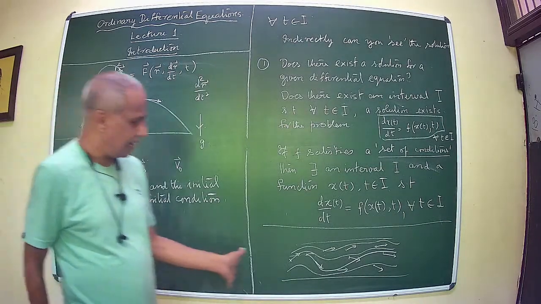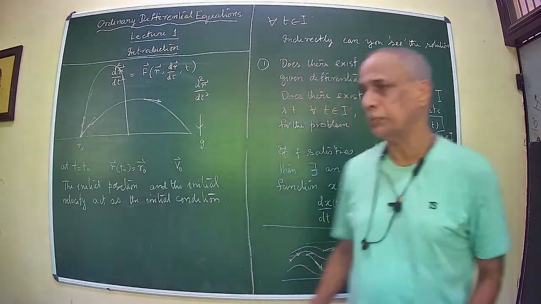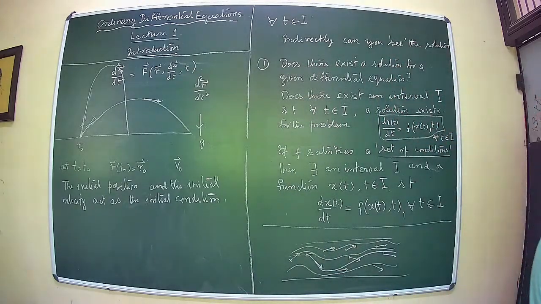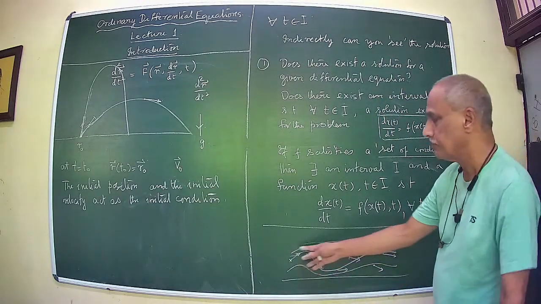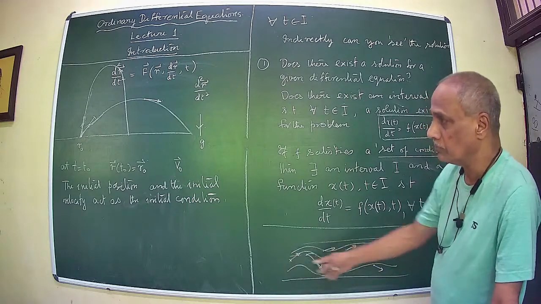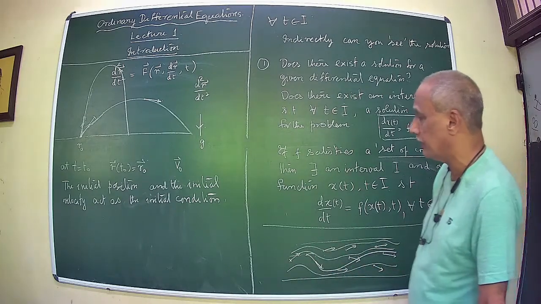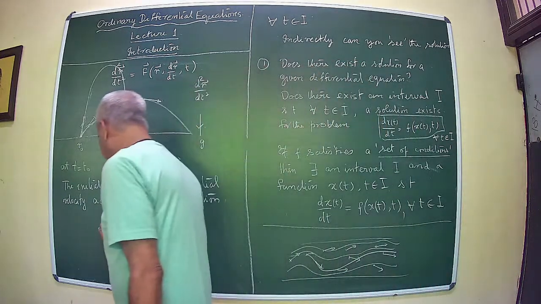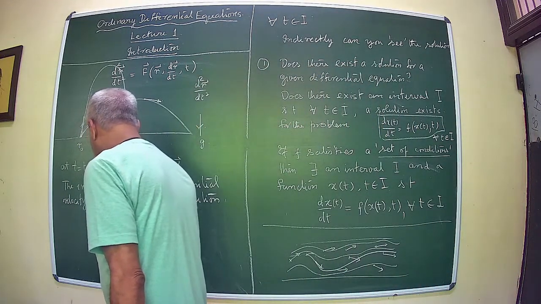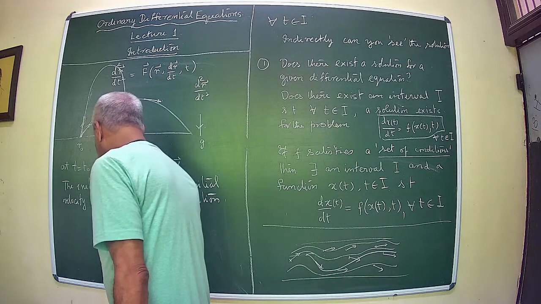So all these flow lines correspond to what are called feasible solutions of the differential equation governing it. What is the differential equation governing it? It is this, that is dr by dt.